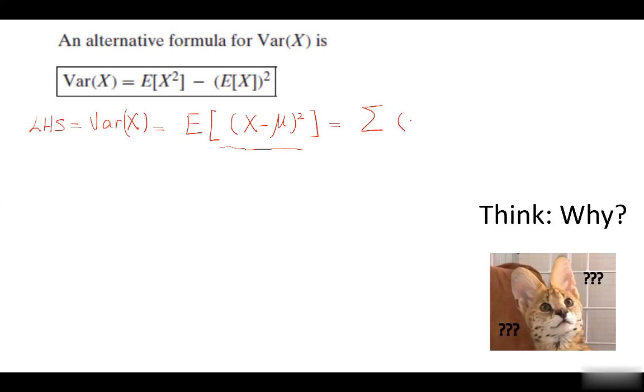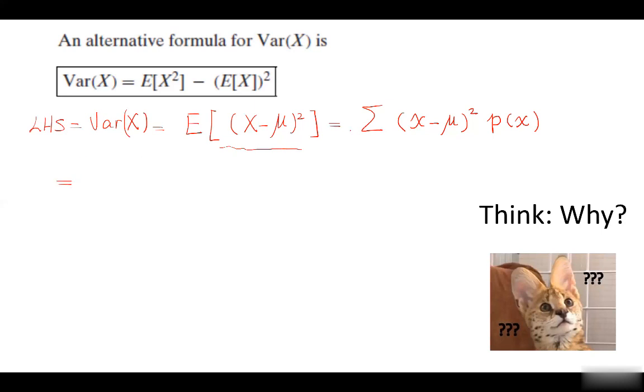We put each x in this formula, find its difference with the mean and square it. And don't forget, you need to multiply this value by its corresponding probability, which is p(x), right? This is according to the definition of expected values.